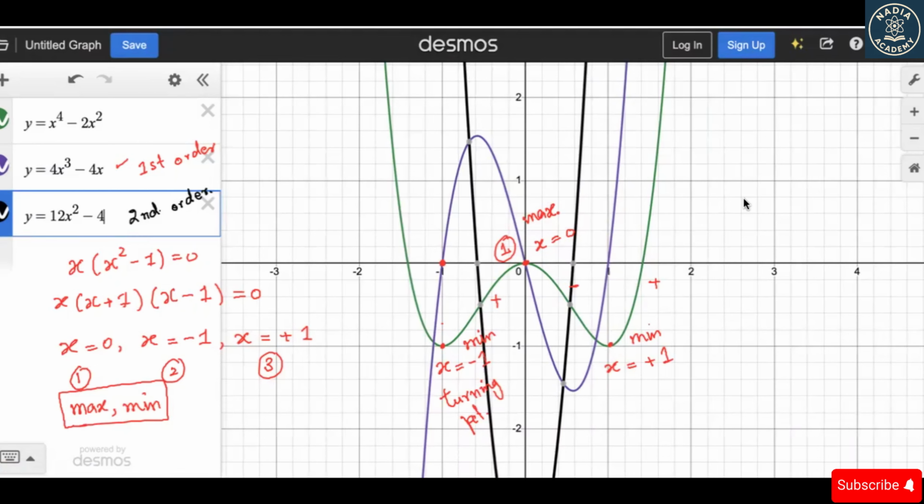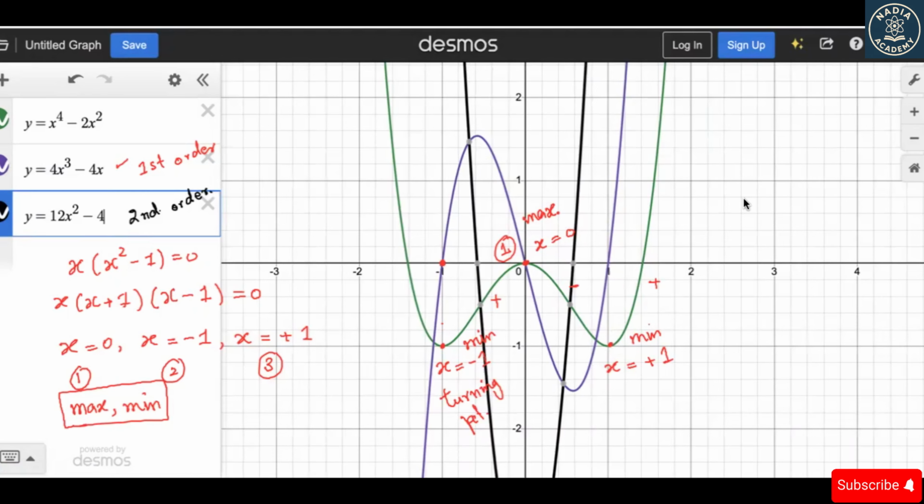So the second order derivative is positive where we have a local minima, and negative where we have a local maxima.